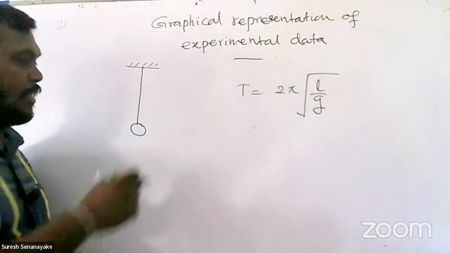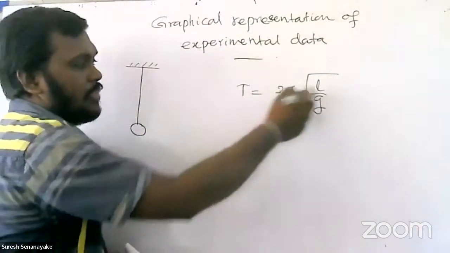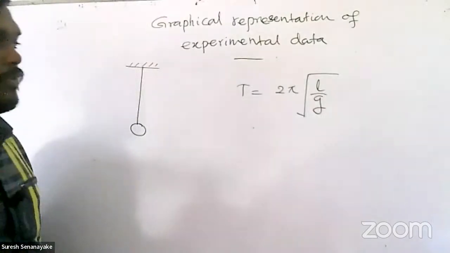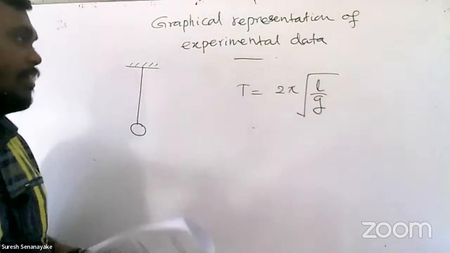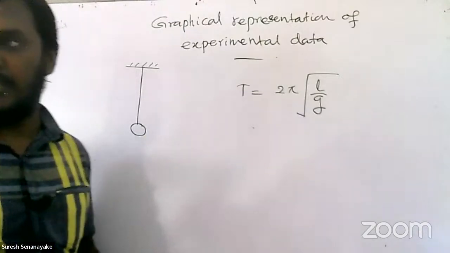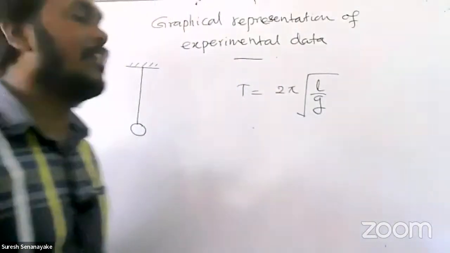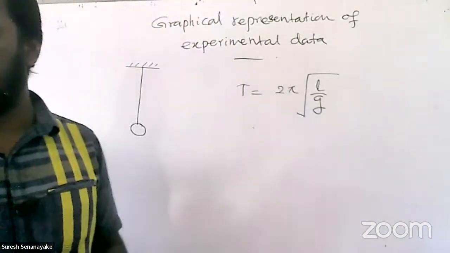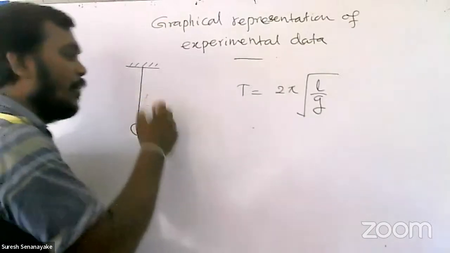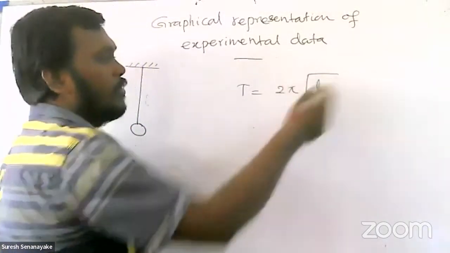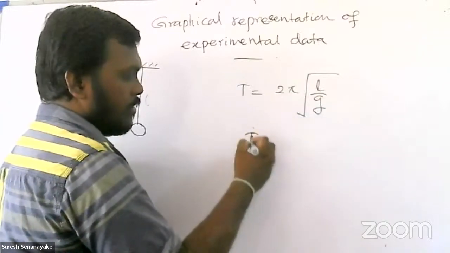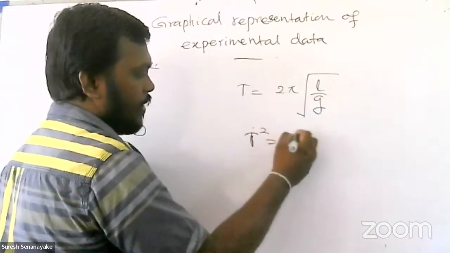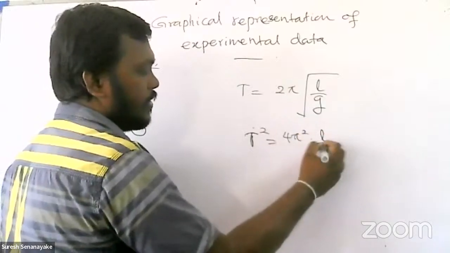Clear? So then you need to rearrange this, because this has a square root. So you can't see the relationship between them, linear or other, right? So you have to rearrange this equation to get the linear relationship. How can you rearrange? First, you need to remove the square root, so it becomes T square equals 4 pi square, then L over g.